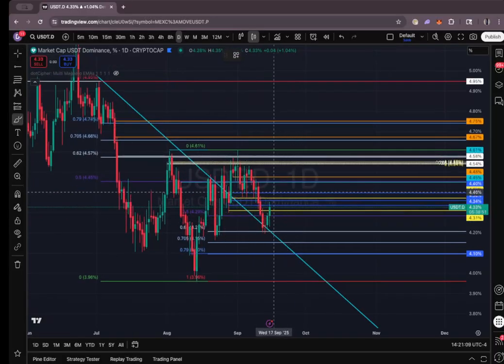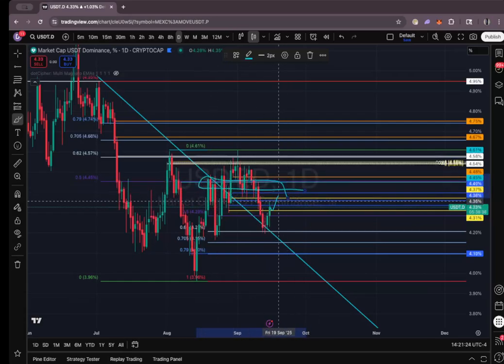So if we're assuming we're going to chop on this range, then I would actually expect USDT to go up a little bit more, prices to go down a little bit more, but then reject from this range and this previous order block right here, and then actually flip into the bullish bias, right?